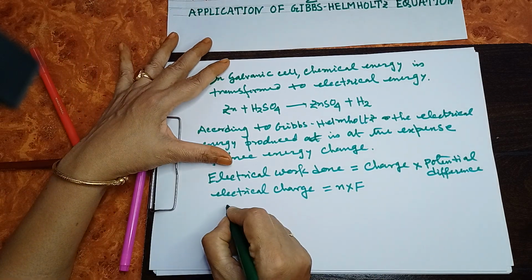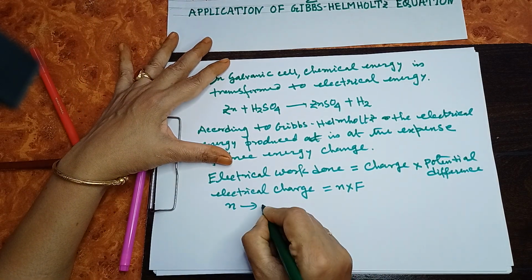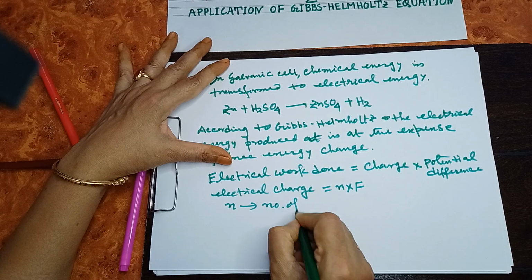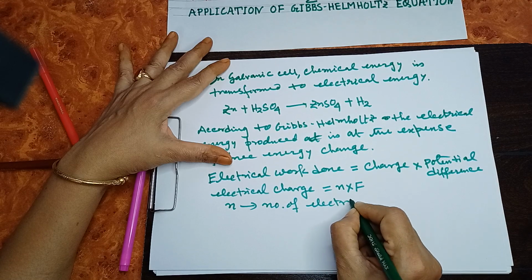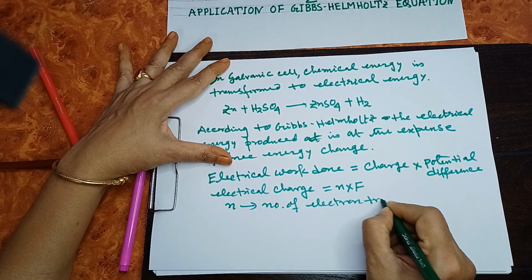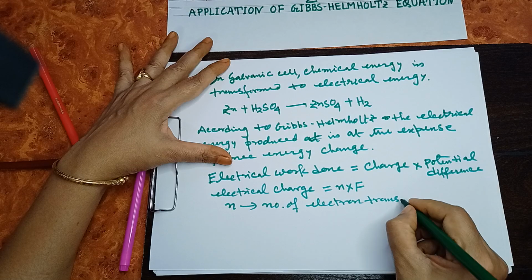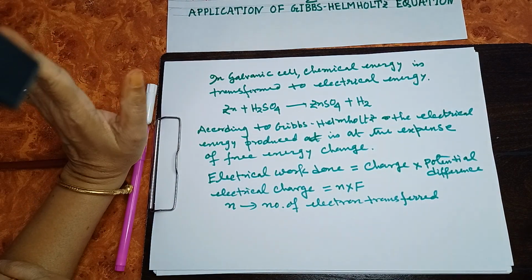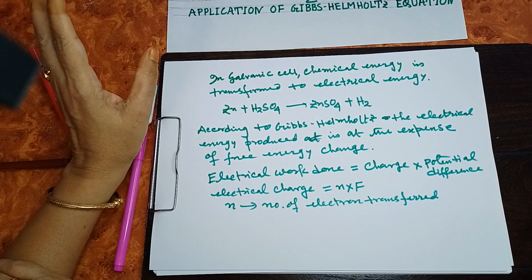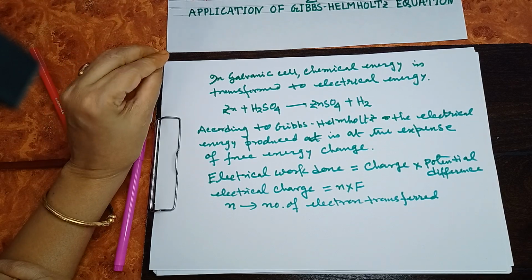This n indicates the number of electrons transferred in the cell during the electron transfer reaction.